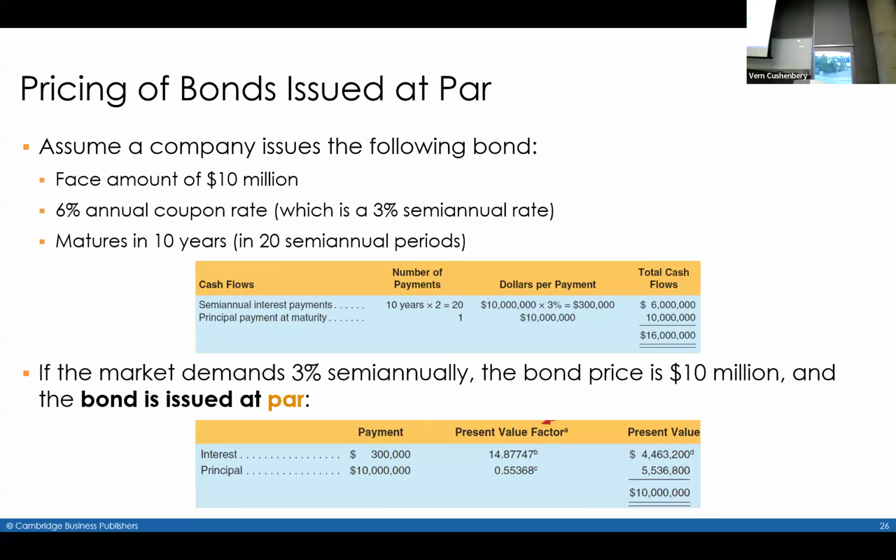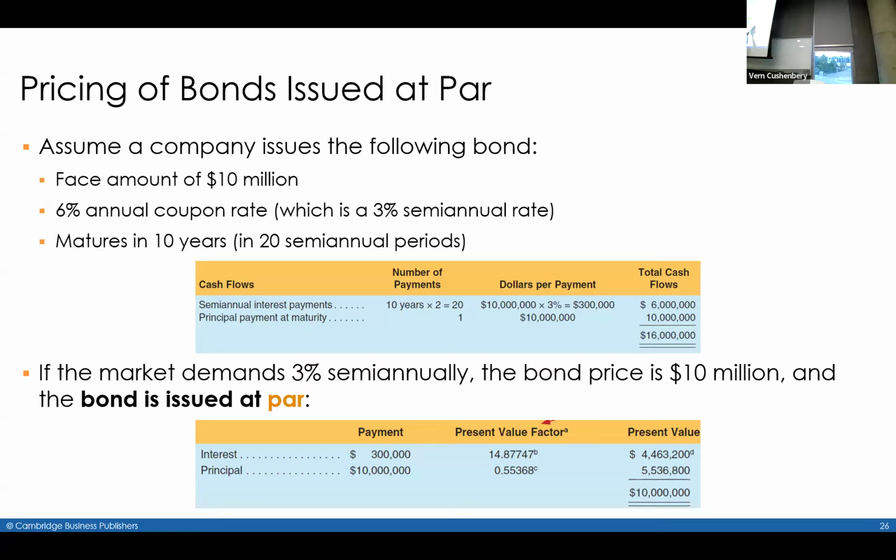This is why the time value of money concepts are in the same chapter, same module as the bond pricing, because we're using all our time value of money concepts to figure out what the bond is worth. In this instance, the number of payments equals 10 years times 2, so 20 payments. The dollars per payment is $300,000, so 10 million times 3%.